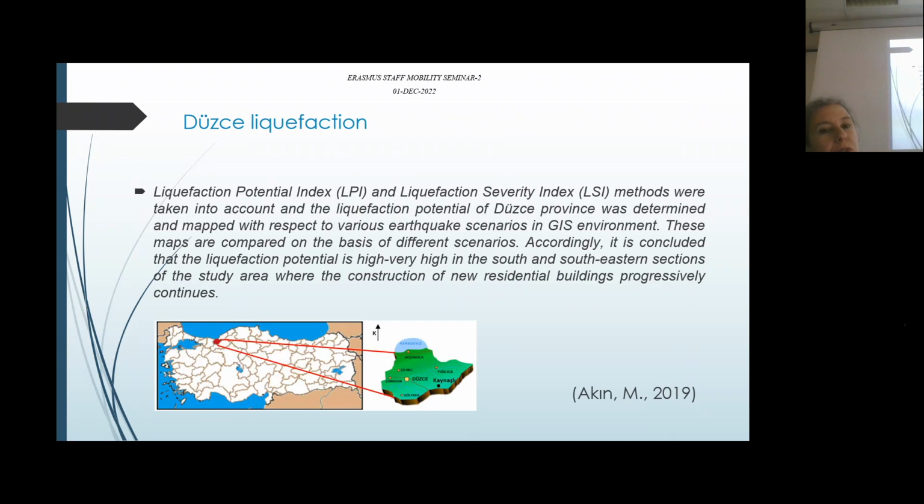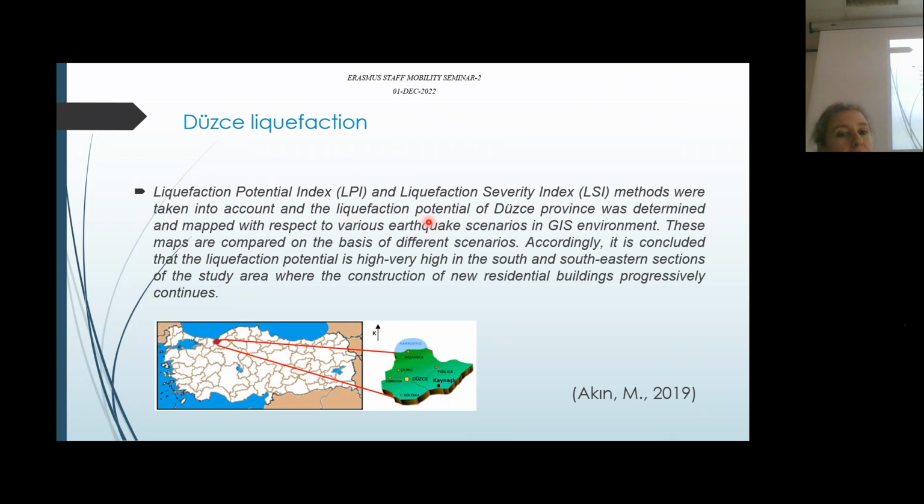But anyway, I can give the example. So Düzce is very close to the Kocaeli area, and after the August 1999 earthquake, we had another, similar earthquake. Maybe within one or two months after that, we had the second earthquake that occurred in the region.